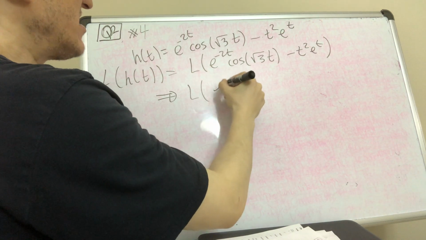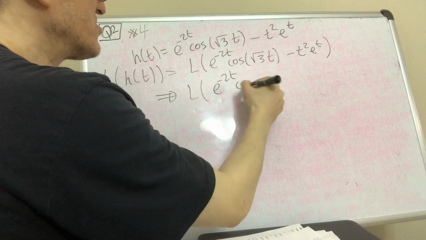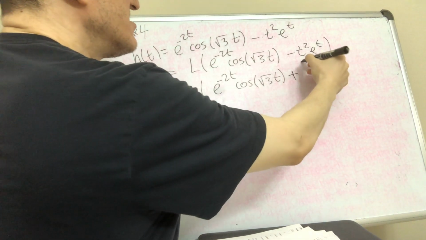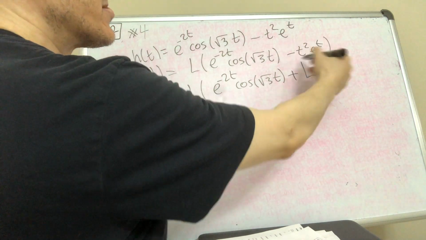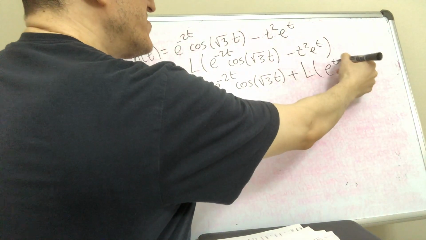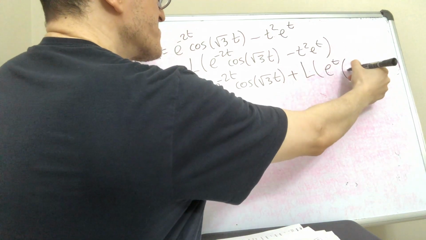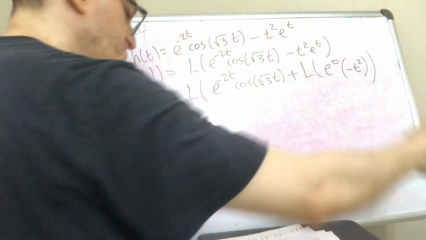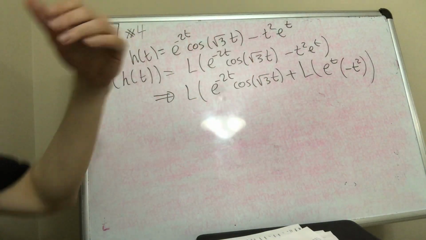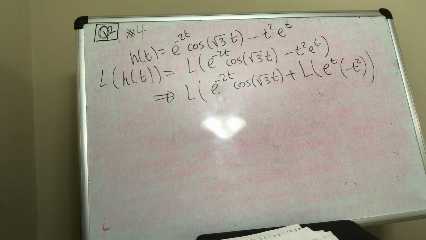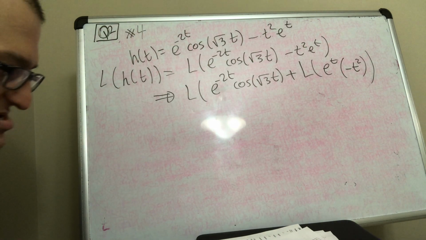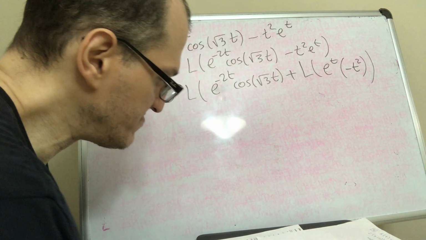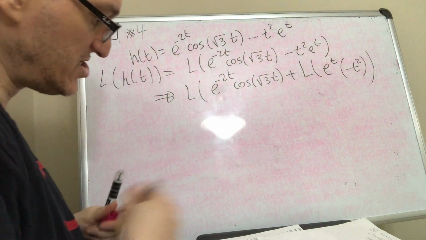So this is like the Laplace transformation of this into cosine, plus the Laplace transformation of this whole thing. But I'm going to put the e to the t first, and then the negative t squared. Now, this is called shifting. The shifting rule would be in your formula sheet.